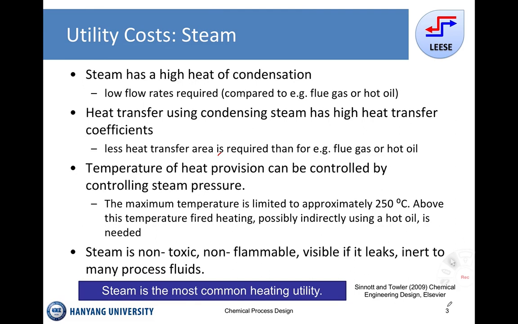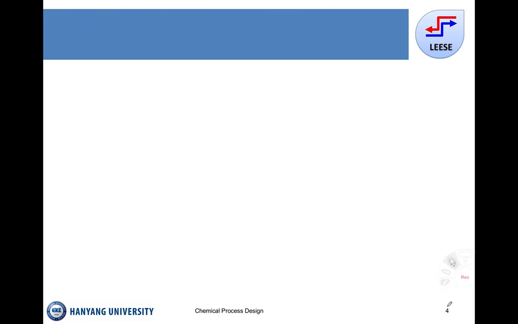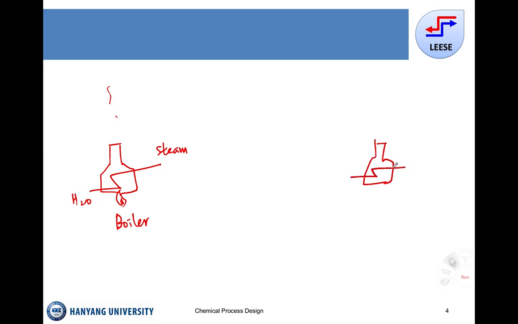But in the industry, we typically produce steam through the boiler. Say we have the boiler, then through the burning of the fuel in the boiler, we have the steam. So rather than direct supply of the heat, the steam is used.